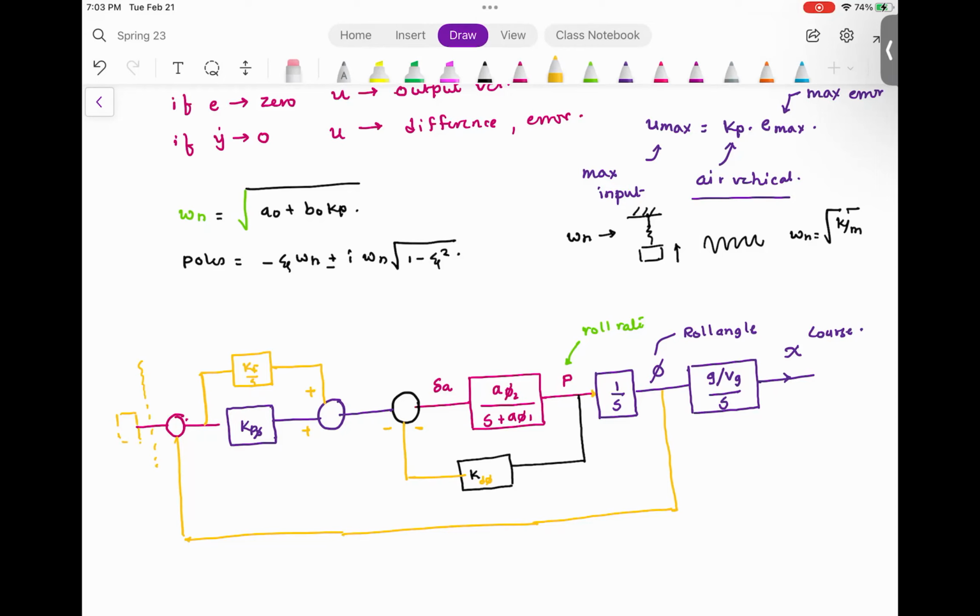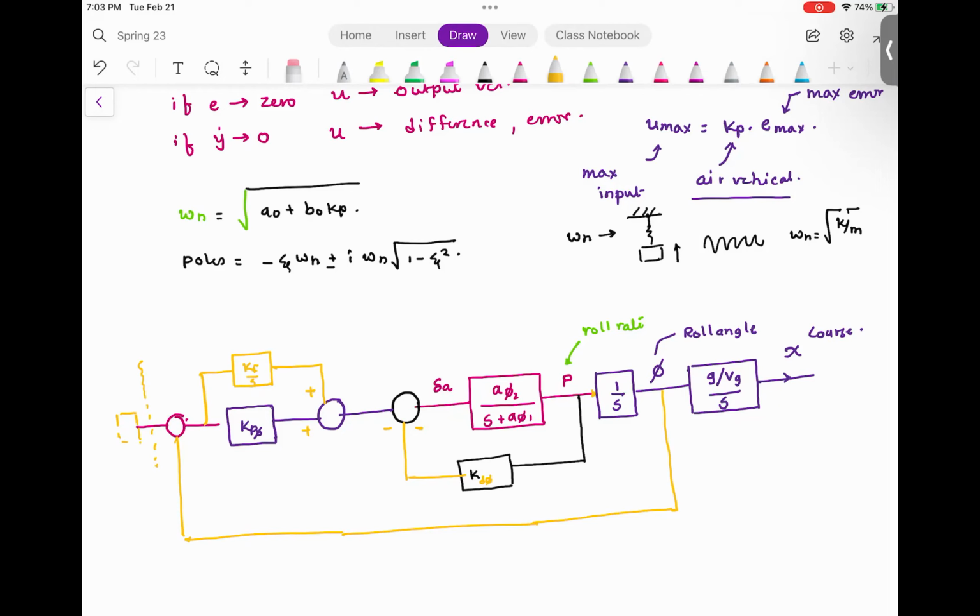Whatever you have in between are the controller gains and the dynamics of the aircraft relating the commanded course angle to the actual course angle. Lateral control on the course means if I set the course angle at 5 degrees, whatever the disturbances or dynamics, the aircraft should continue to go at 5 degrees of course angle.